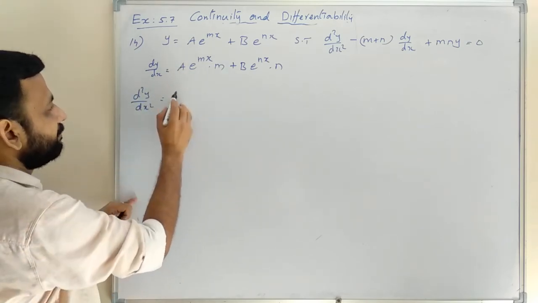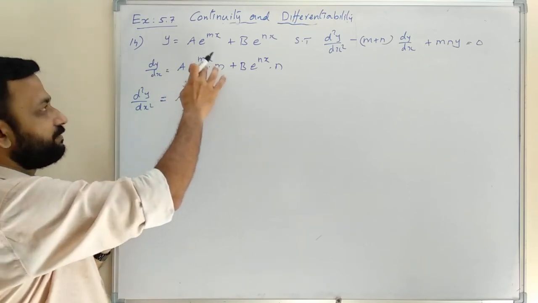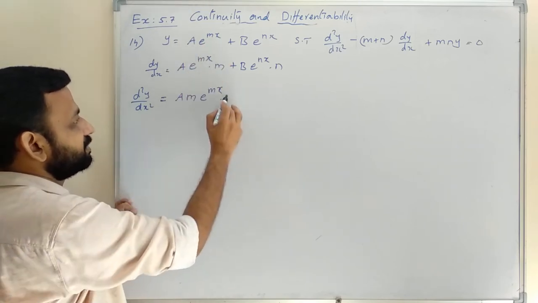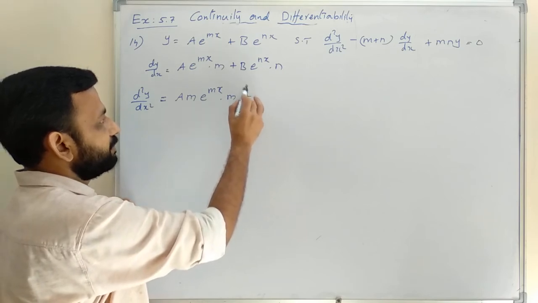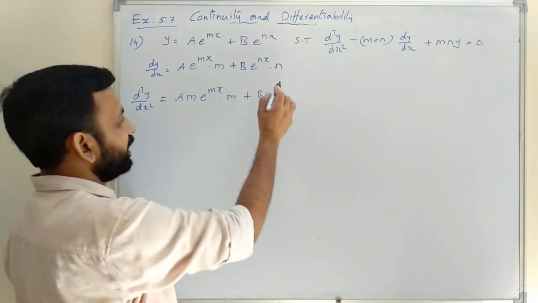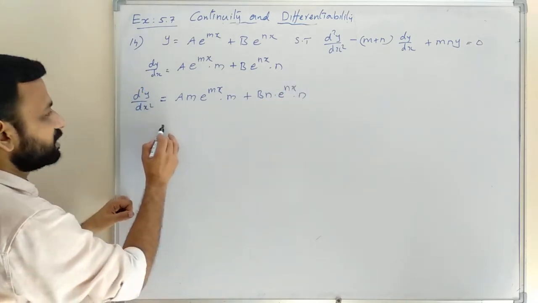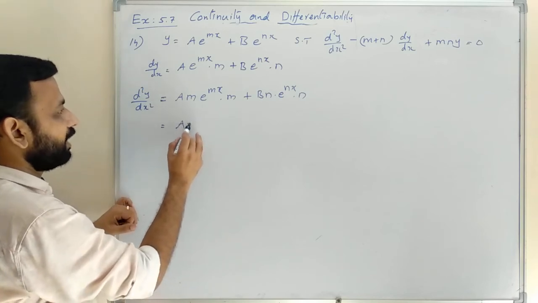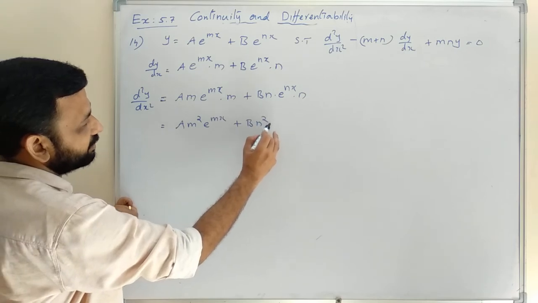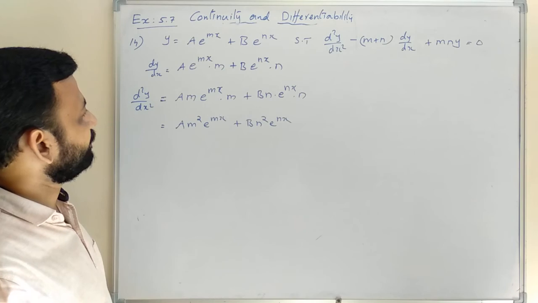So here a and m are constant, a into m into derivative of e raised to mx, that is e raised to mx into derivative of mx, m, plus b into n constant, then derivative of e raised to nx, that is e raised to nx into n. So this expression can be written like this: a m square e raised to mx plus b n square e raised to nx. So we got first derivative, second derivative.